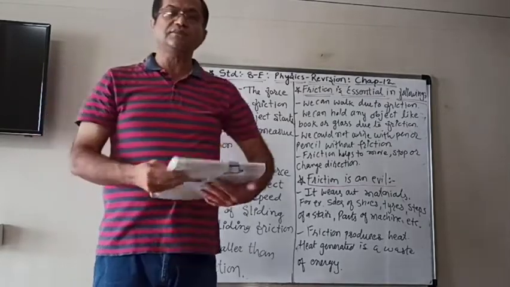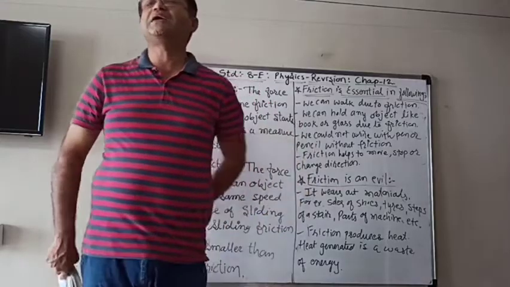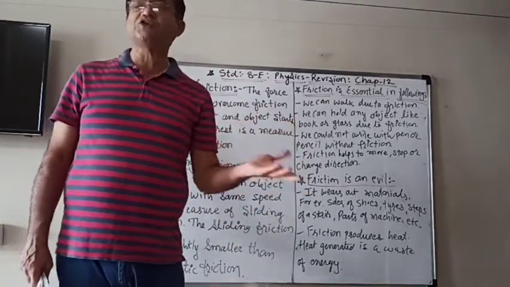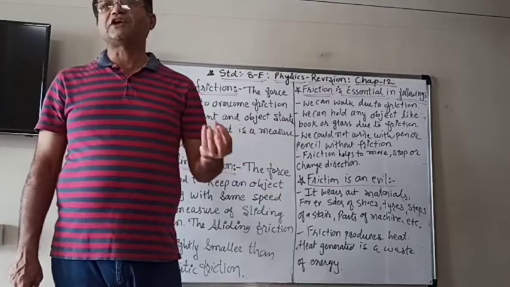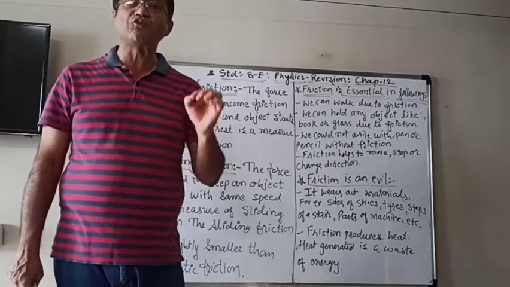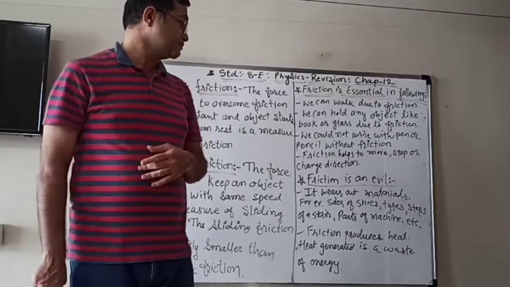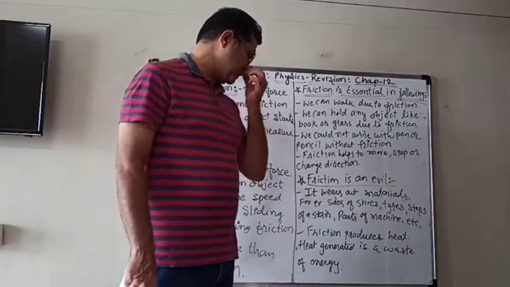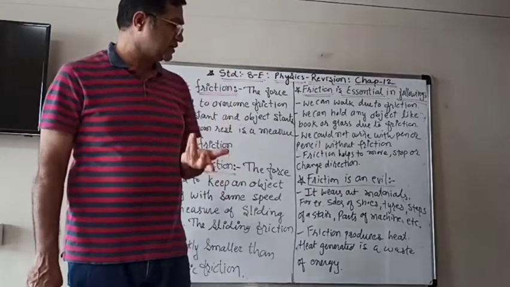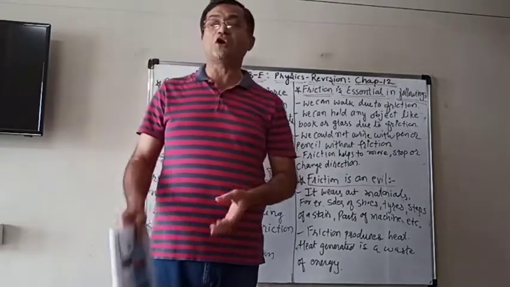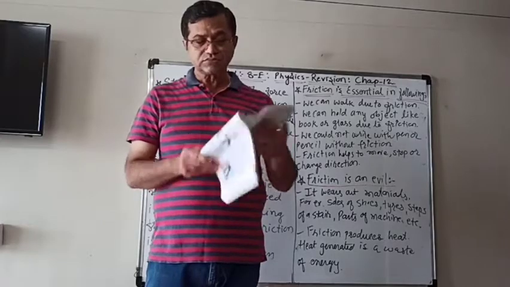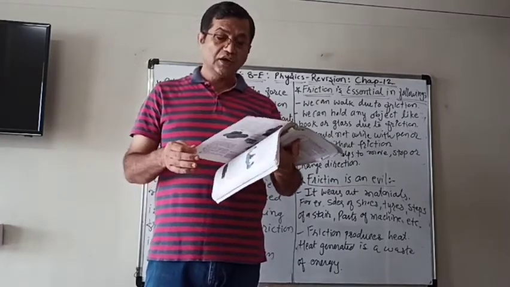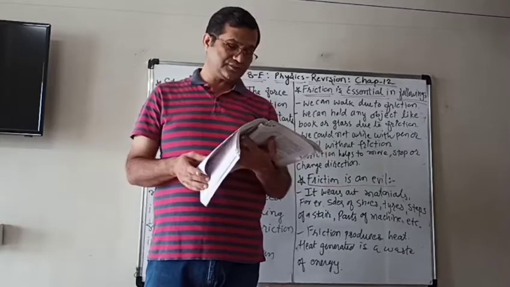In this situation, this heat is unnecessary because we cannot use that heat. It means it is a waste of energy. So here you can see that friction produces heat and the heat generated is a waste of energy. It means that energy is not useful for us.